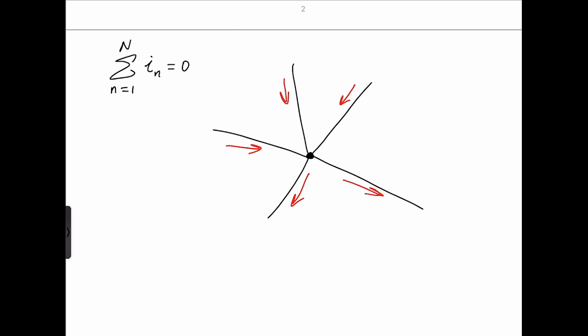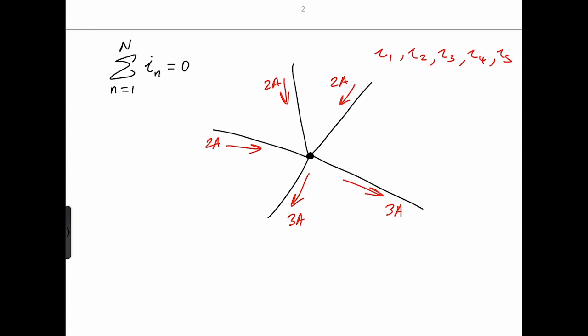So what if these currents is I of n? So that means we have I1, I2, I3, I4, I5. We can say this is 2 amps, 2 amps. This can be 2 amps, 3 amps, 3 amps.